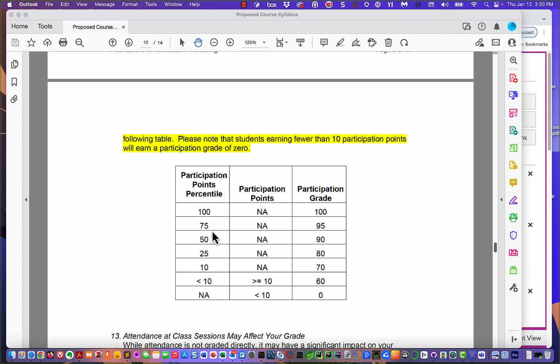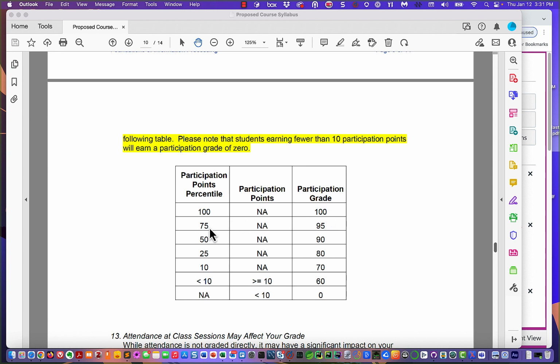We can have 100 percentile because it's the percentage of people that you are the same as or greater than. So if you're the top person, you're the same as yourself, you're in the 100th percentile. So in the 100th percentile, you get 100.